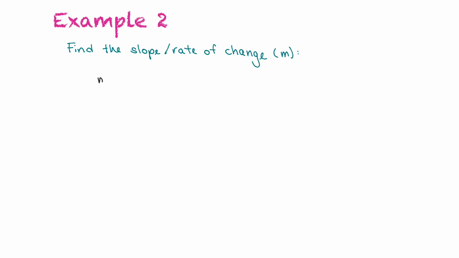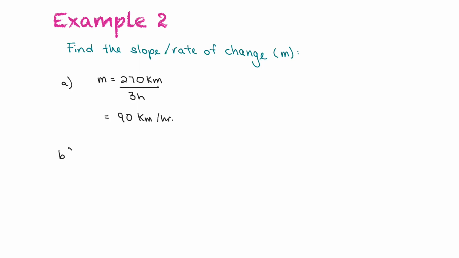So m is equal to the rise over the run, or the dependent variable over the independent variable, or y over x. So in this example, we've gone 270 kilometers in 3 hours. So that is equal to 90 kilometers per hour. So that's our first example.